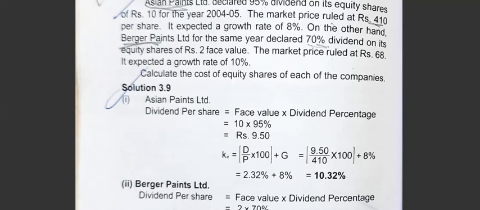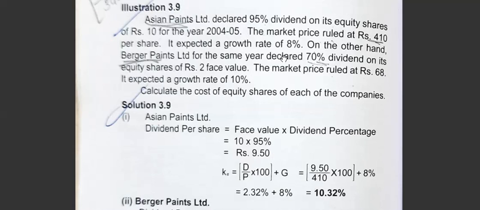Next, see the next problem. This is also the same way. There are two companies. Asian Paints Limited declared 95% dividend. This dividend is calculated on face value, which is 10 rupees. The market price is 410 and the growth rate is 8%.